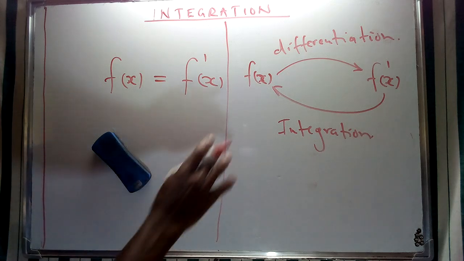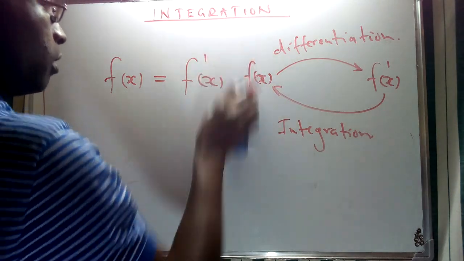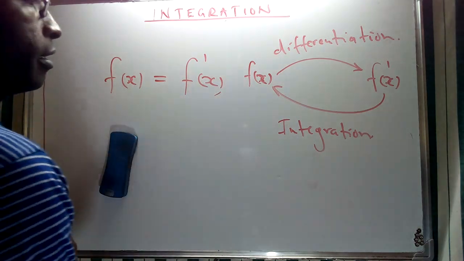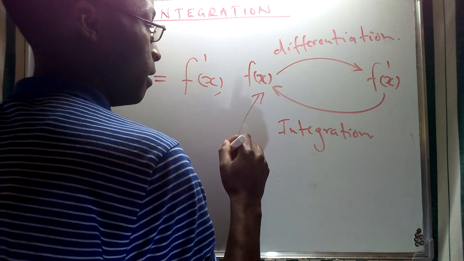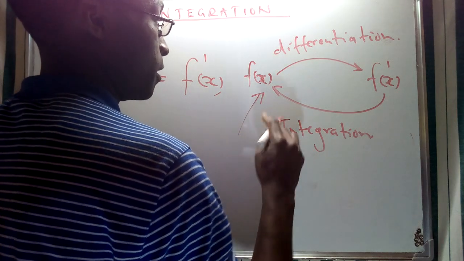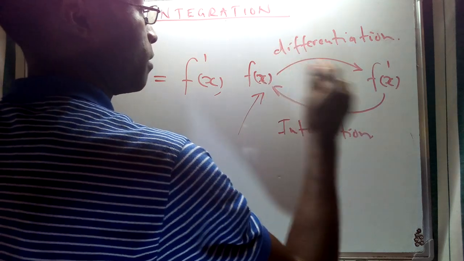There are specific terms that we're going to use in reference to these two parts of this illustration. In this respect, for differentiation, this is a function, and this is going to be referred to as a derivative.